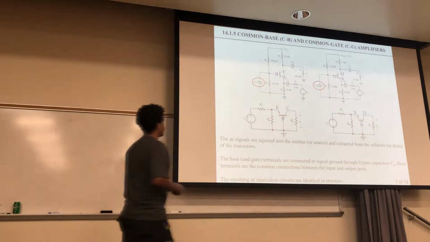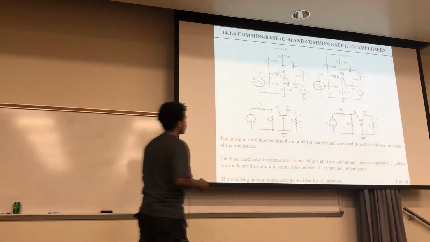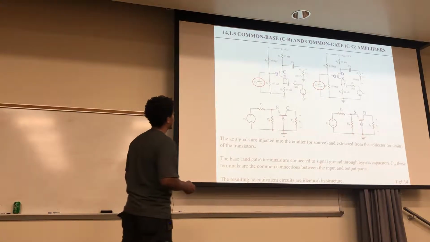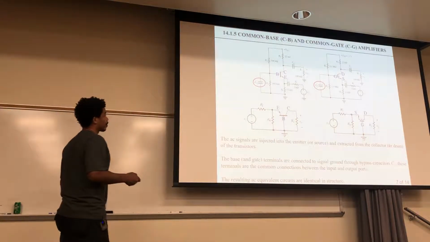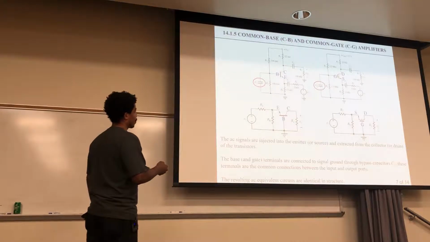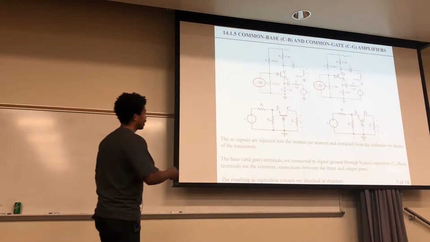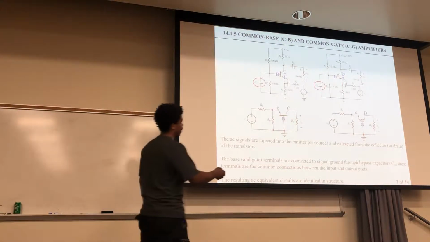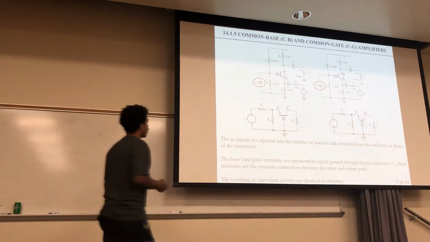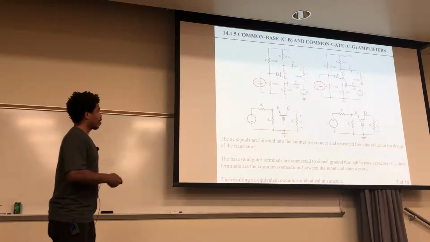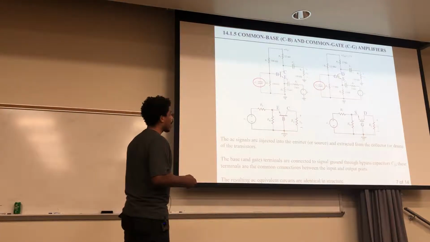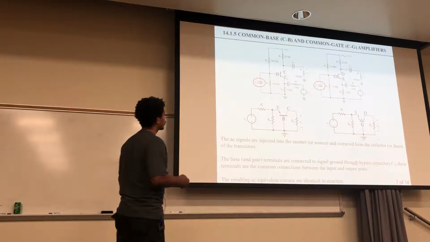The AC signals are injected into the emitter or the source, and extracted from the collector or the drain. You can see that because here are the voltages, so that's where that signal is coming from. The base and the gate terminals are connected to signal ground through the bypass capacitors.